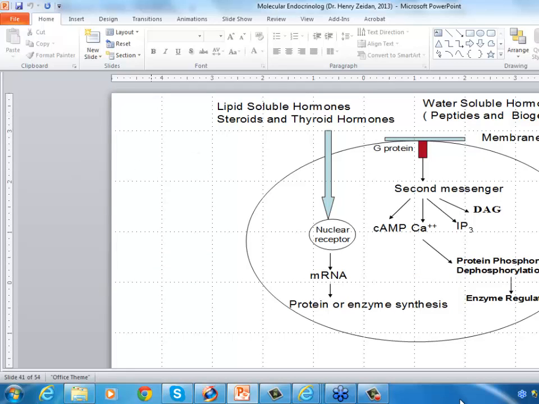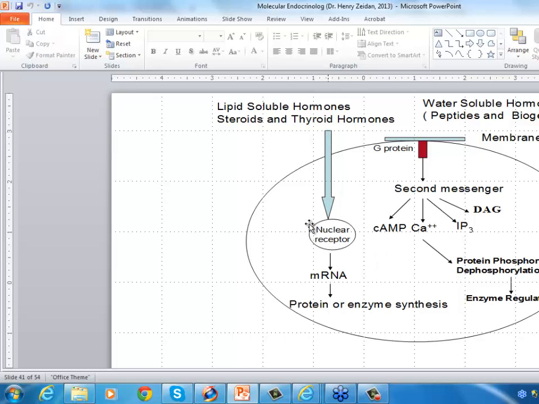So to sum this up, you have here the differences mechanistically between lipid-soluble hormones and water-soluble hormones. Water-soluble hormones bind to cell surface receptors, modulate G proteins to produce second messengers in the form of diacylglycerol, IP3, calcium, cyclic AMP, while lipid-soluble hormones bind nuclear receptors that tend to modulate the production of enzymes or protein synthesis.